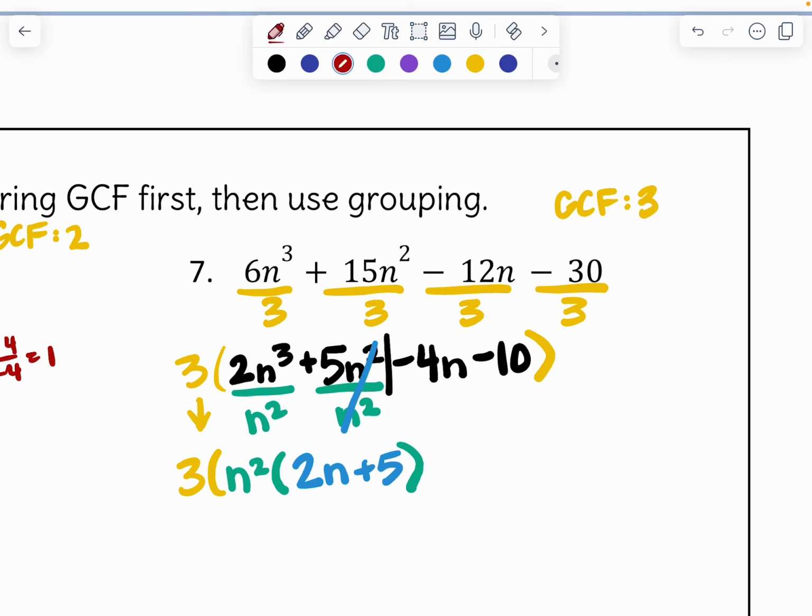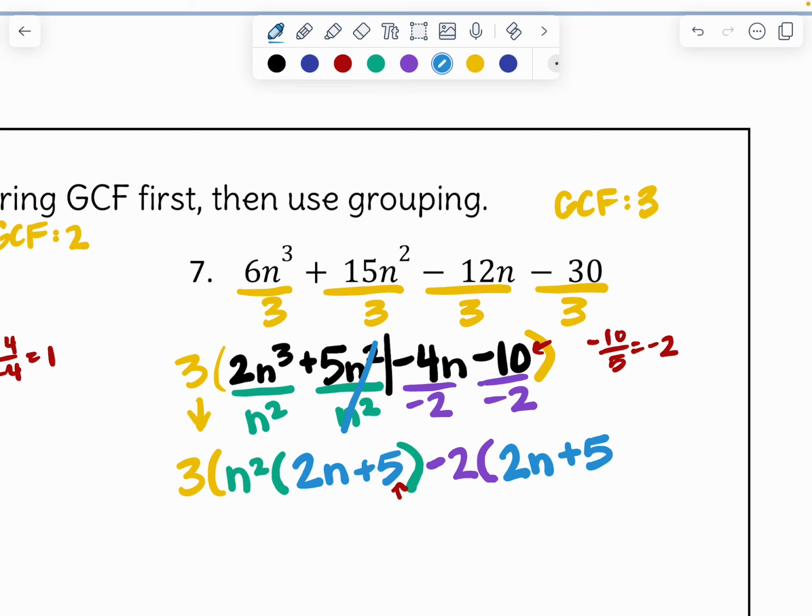Now let's divide. Negative 10 divided by 5. That is negative 2, so I'll be factoring out negative 2 here. Minus 2, parentheses. Negative 4 divided by negative 2 is positive 2. Bring down n. Negative 10 divided by negative 2 is positive 5.